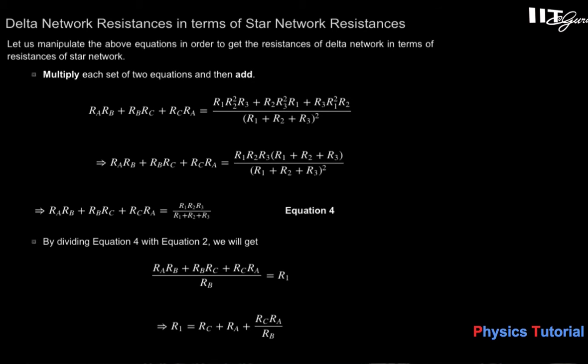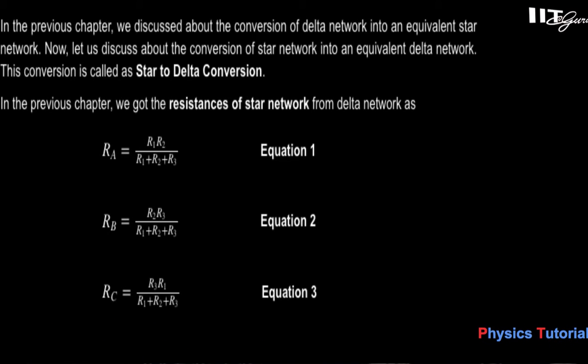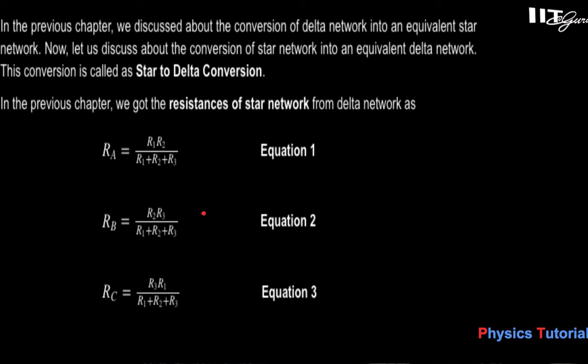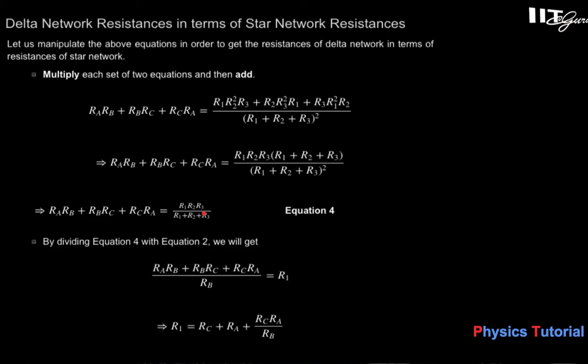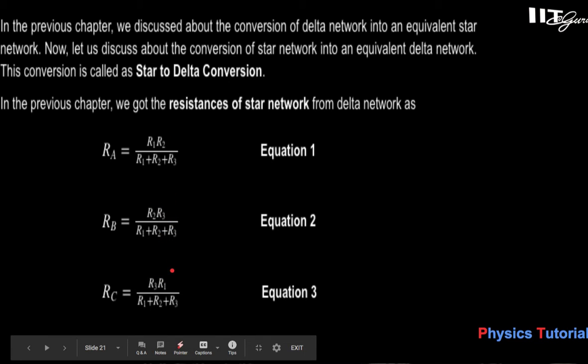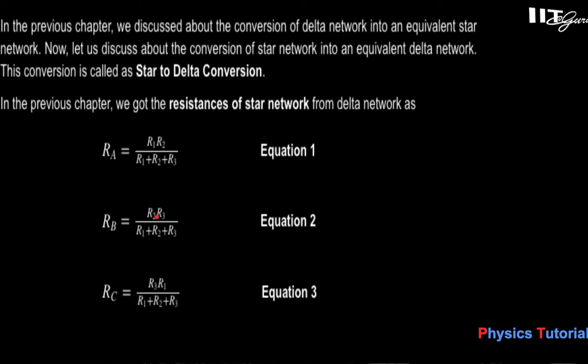You have to multiply this one by one: first RA into RB, then RB RC, and then RC RA, and then add. Then what do you get here? When multiplying RA RB, you see R2 is common, so R2 square is there and R1 R3. So R1 into R3 into R2 square. Here what is common in RB RC? R3 is common.